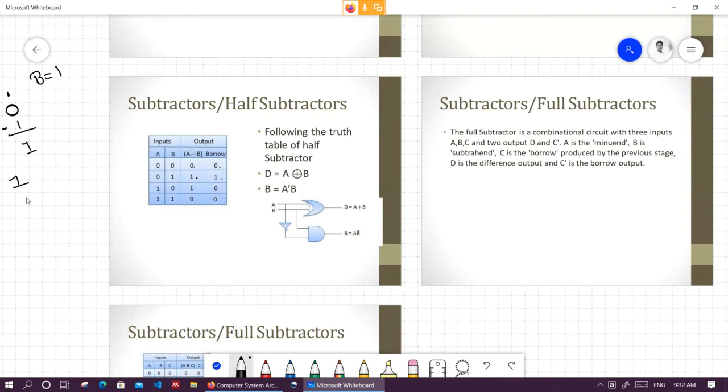Now take the next case 1 0. In the case of 1 minus 0, the difference will be 1 and borrow will be 0. Similarly 1 minus 1, difference will be 0 and borrow will be 0. So 0 0 is the value.